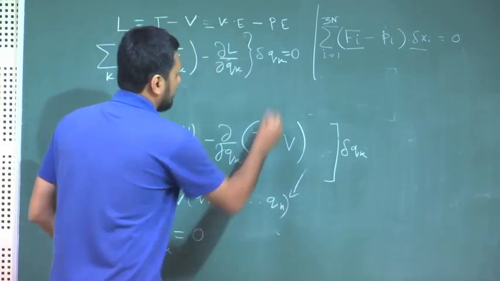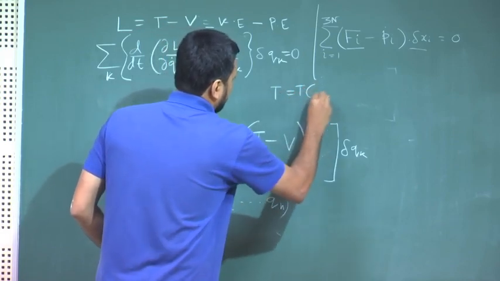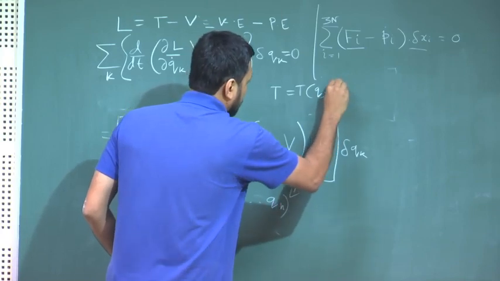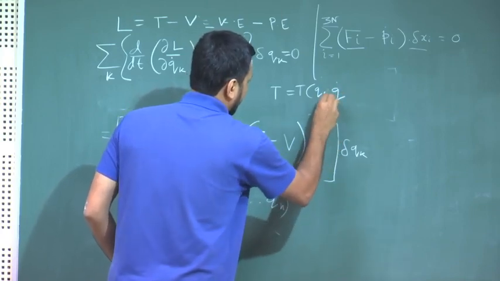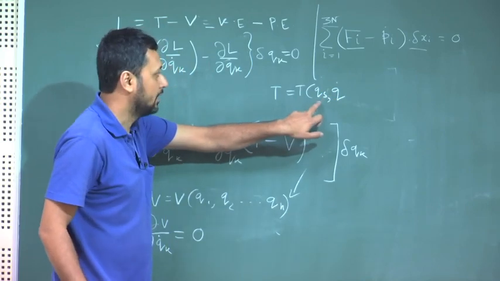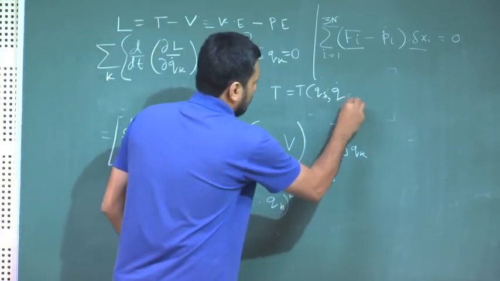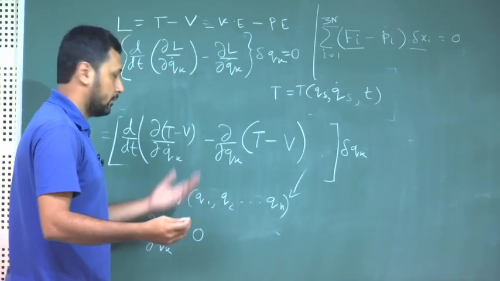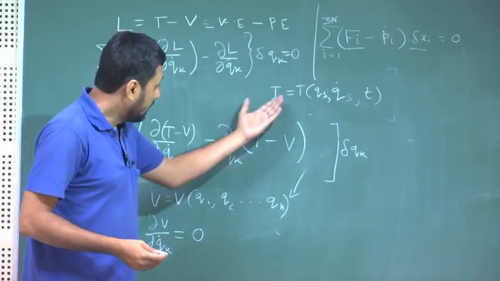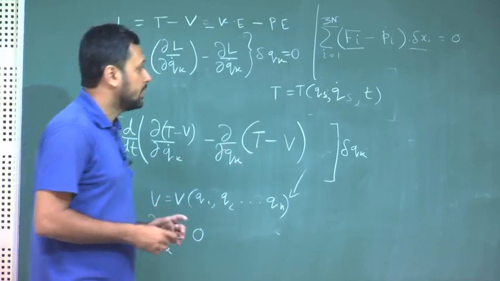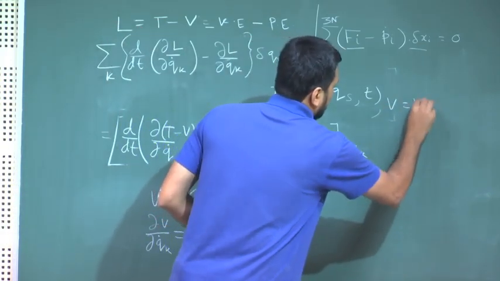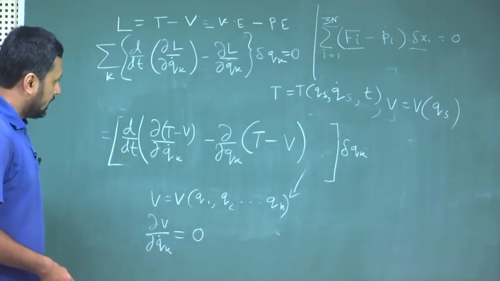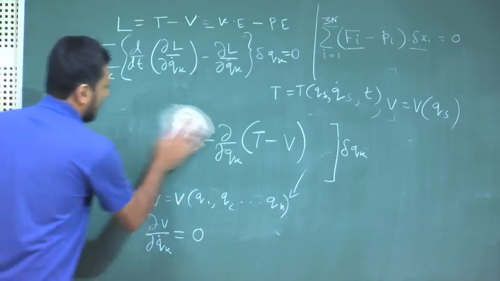So, we have a situation where T is a function of q's, q dots, and time, right. Of course, kinetic energy might vary as a function of time, and V typically is a function of q's only, right. Okay. So, this is the equation.